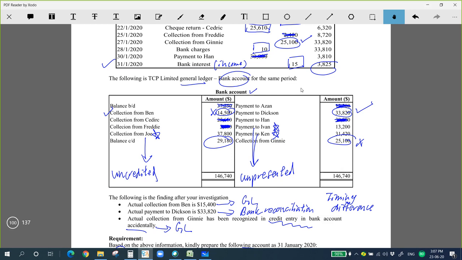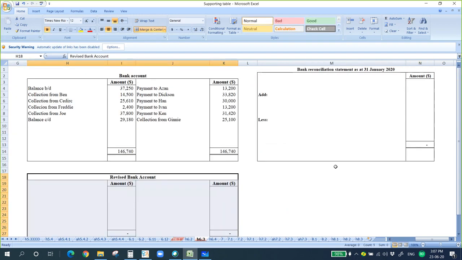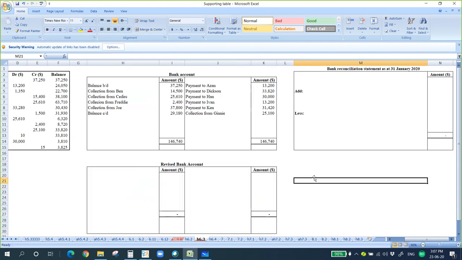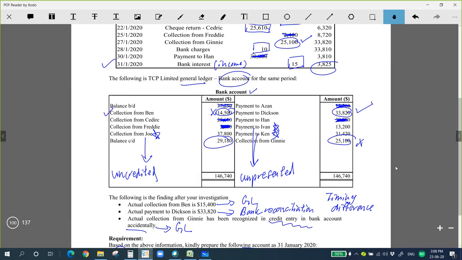Alright class, I want you to draw two accounts. I want you to draw a revised bank account and also a bank reconciliation statement. So this is the sample. Do you need to refer back to the textbook, or can you refer here for the drawing? Okay, I refer back to here so you can update your textbook. So I give you 3 minutes.